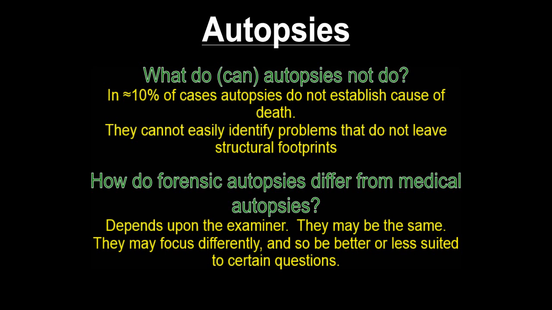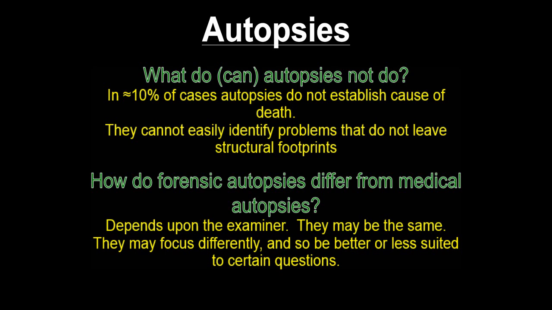The other question that would be important for you to understand the answer to is how forensic autopsies may differ from medical autopsies. Well, it depends on the examiner. We have done very thorough autopsies my entire career, but I am not a forensic pathologist per se. I don't analyze whether the bullet came in at this direction or that direction, or whether the knife wound affected this organ or that organ.